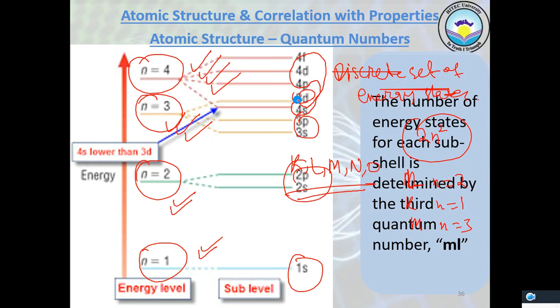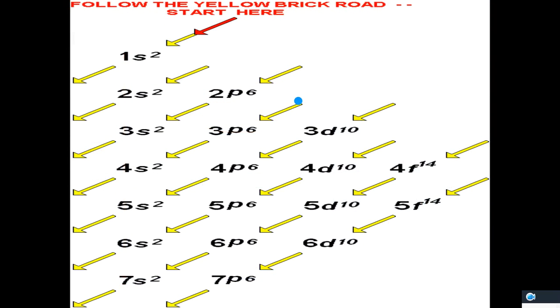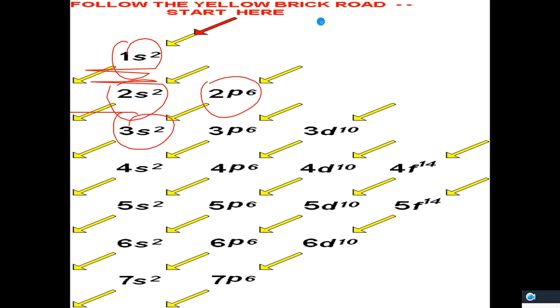The number of energy states for each subshell is determined by the third quantum number. So when electrons come, they will first fill 1s2, then 2s2, and if there are remaining electrons, they will go for 2p6, 3s2. In the case of an s orbital, we can assume that electrons exist in an orbital having a spherical shape, and for the s subshell a maximum of 2 electrons can be there.